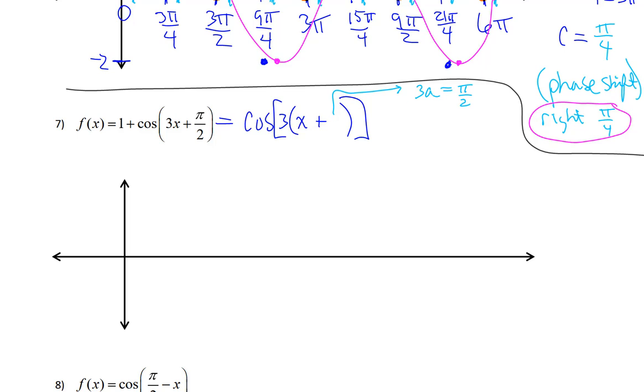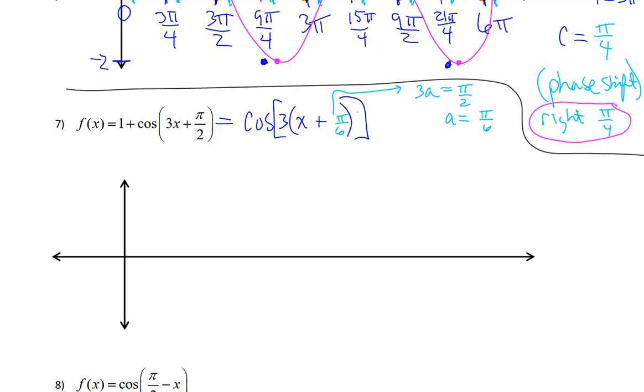Well, you could solve for a here by dividing by 3 on both sides, and it would turn out that a would be pi over 6. So what that means is pi over 6 goes in there as our c value, really.